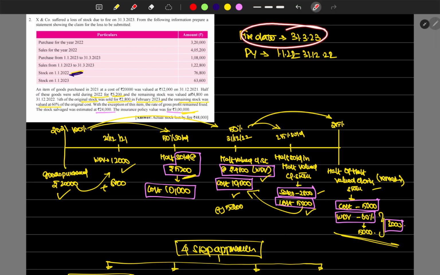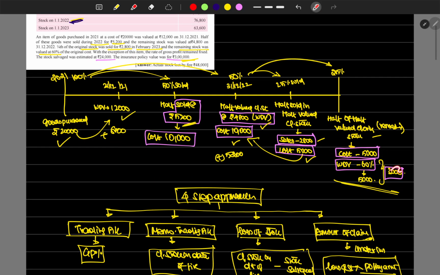The fire occurred on 31/3/23 and the previous year is 1/1/22 to 31/12/22, and the company has a practice of reducing the values to WDV, so we need to add back whatever the value has been reduced from the stock. 8,000, and the cost of 10,000 goods were sold for 5,200, which is the abnormal sales, and cost of 10,000 has been valued as 4,800 in the books, which we need to add back. 5,200 off sold in the off valued closing stock, which is 2,800, which is the abnormal sales, and at the last 5,000 and the WDV is 5,000.